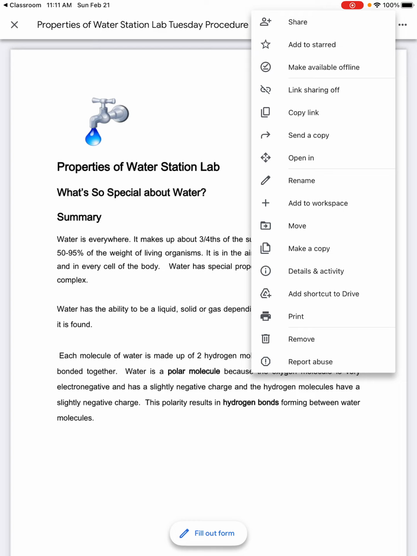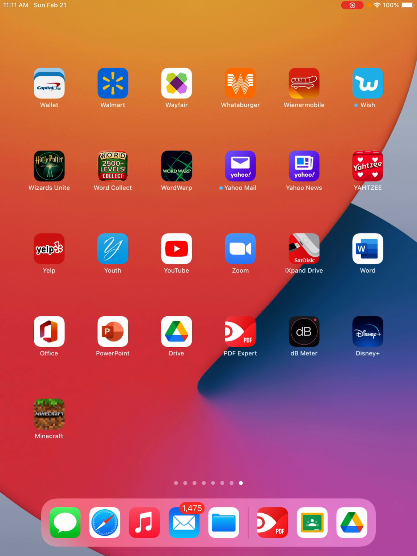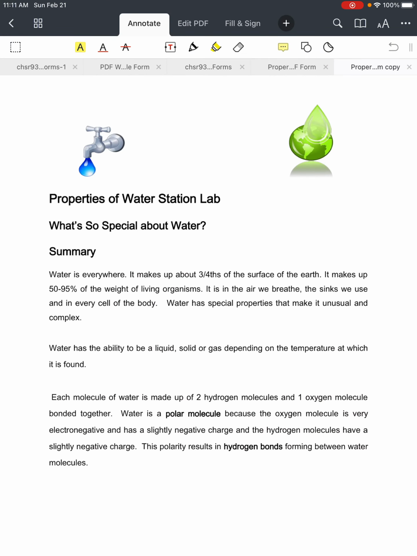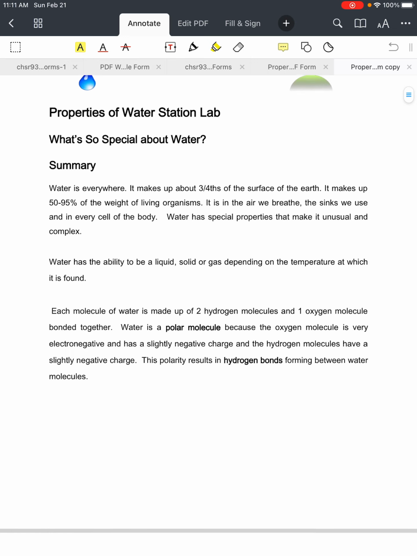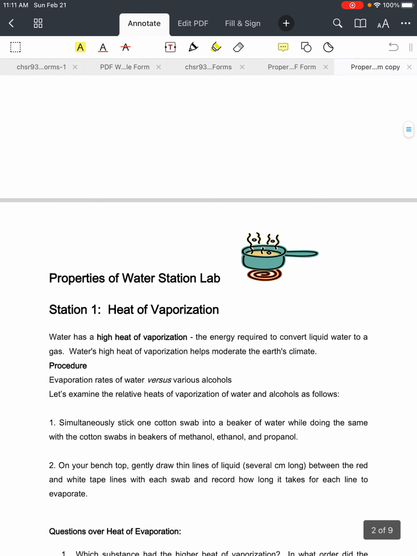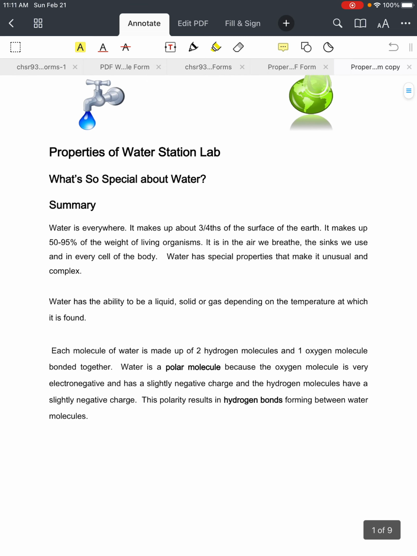What I've done is sent a copy to myself into my files, in my files right here on my iPad at the bottom. And now I'm going to open it up in a PDF viewer. And that allows me to take advantage of and write and type in the fields. I do have my Apple Pencil to annotate with, but it doesn't always work in every platform.